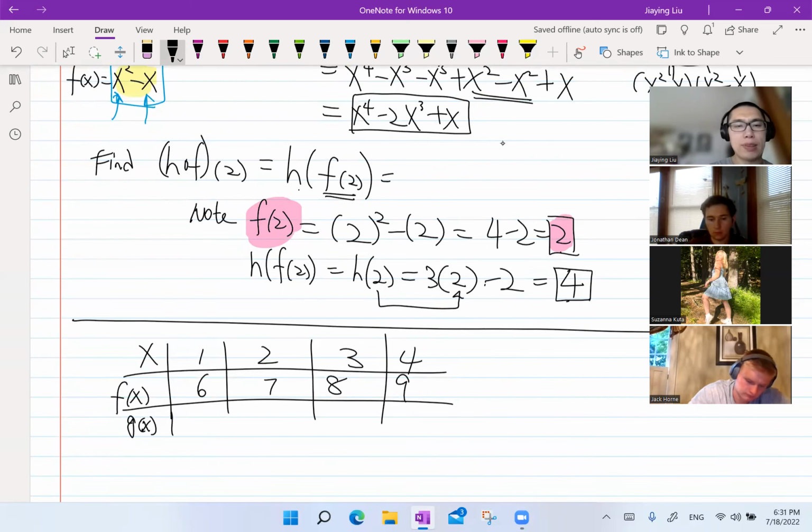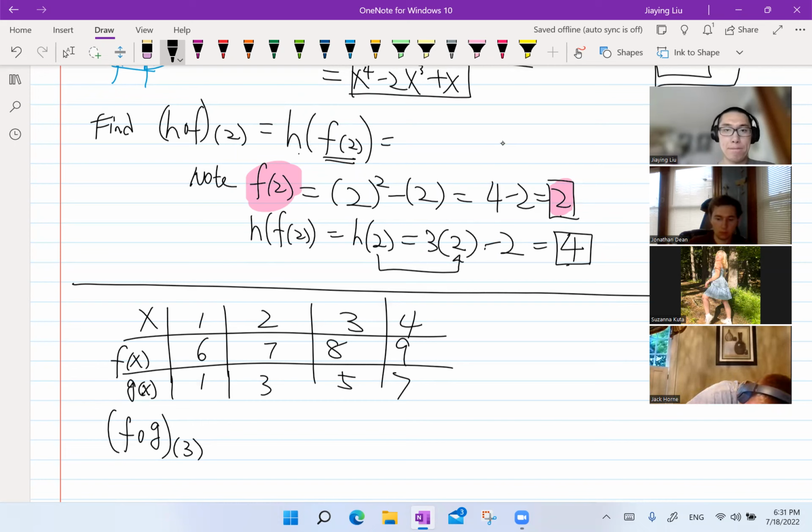So those are the values given. So we can practice the same thing, finding f of g at x equals 3. I'm adding another column here, 5, 10, 9.